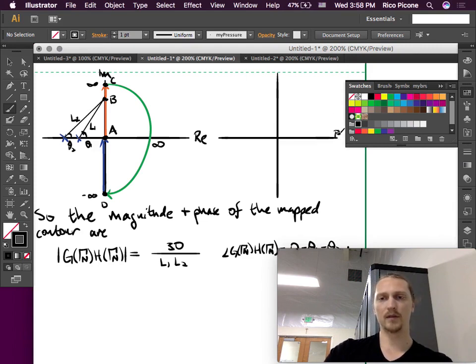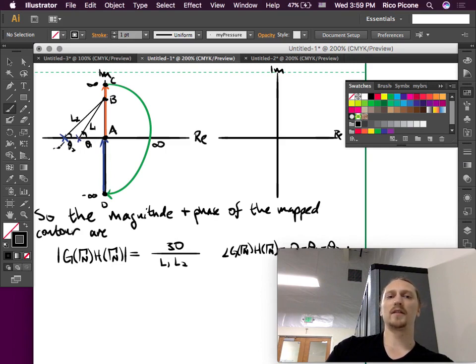So real, imaginary. So point A maps over here. Zero phase, so we know that it's going to be somewhere on this real axis, right? That's where its phase is 0. And the magnitude is going to be what? 30 divided by 7 and 4, right?